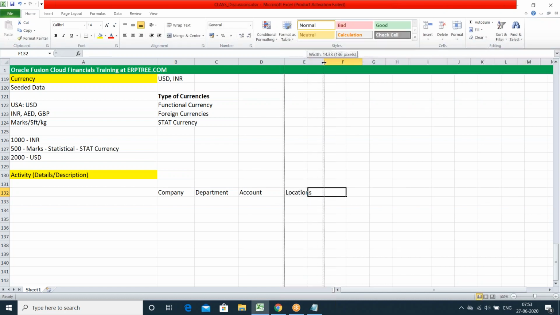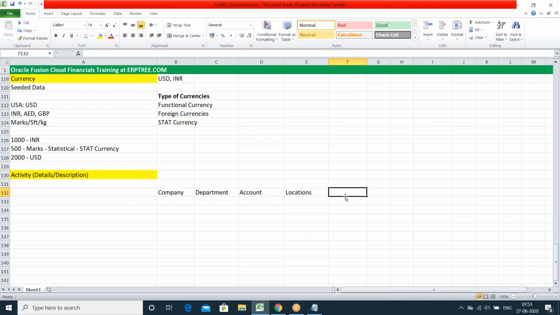Say they are into different services. Maybe they have to capture in each and every transaction which service type it belongs to. So whatever information they want to capture in each and every transaction, they have to keep ready, such as service type and location.